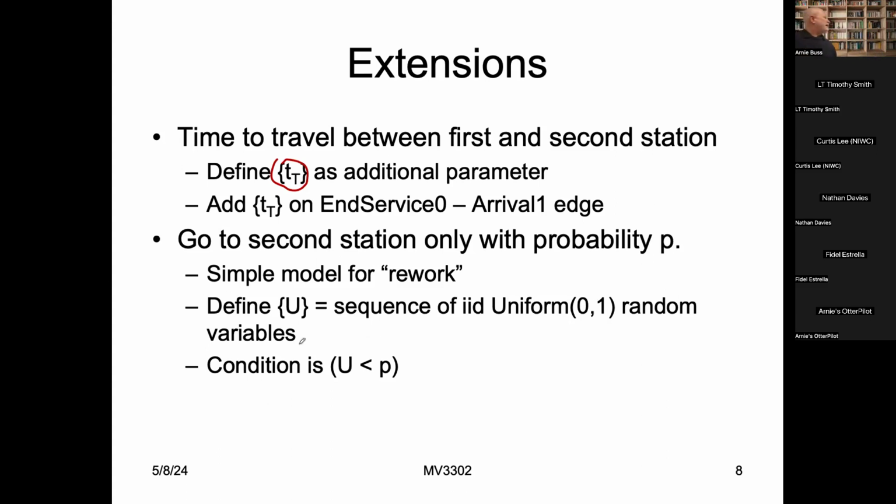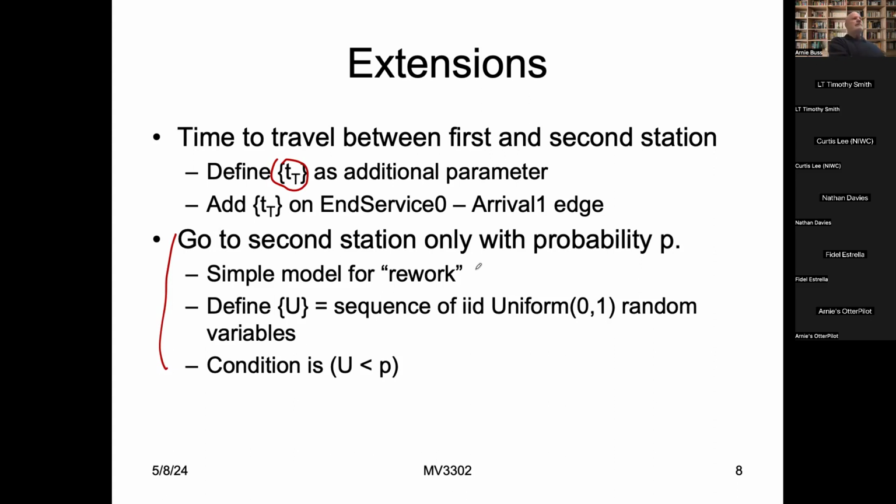Now another use case, and this is a very useful one, is that we only go to the second station with a certain probability. The use case that I have for that is something like rework. In other words, say the first station is where you're fabricating something, and then after you fabricate it, you inspect it, and that's part of the service time. If it passes, then you just send it on. But if it fails in a certain way, then it needs to be reworked, but you're not reworking it at the same station.